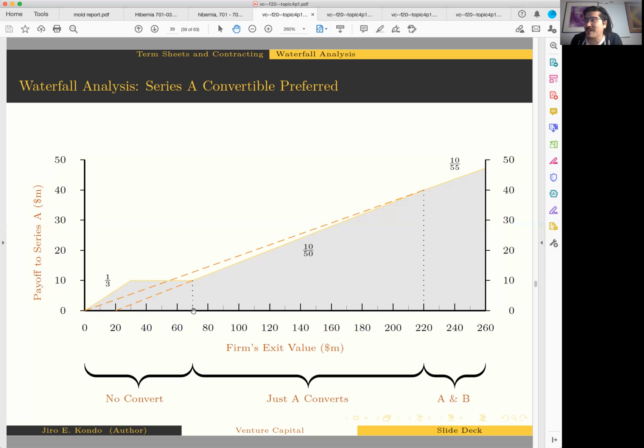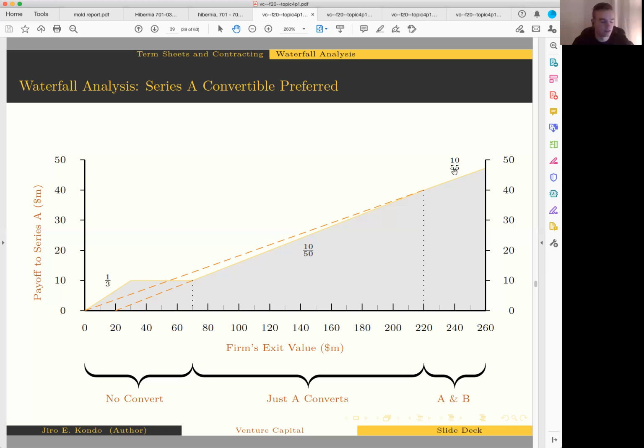Between 70 and 220, there are 50 million shares outstanding because it's only Series A that has converted. Meanwhile, above 220, both A and B have converted, hence 55 million shares. Make sense? So this is an important step to follow.